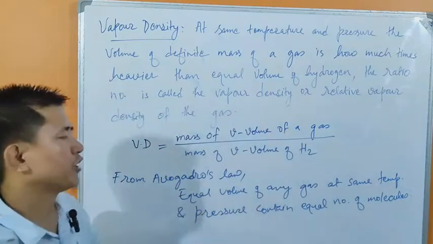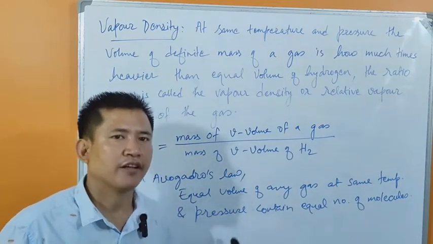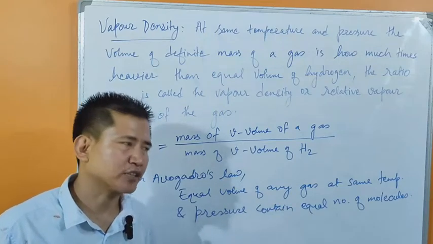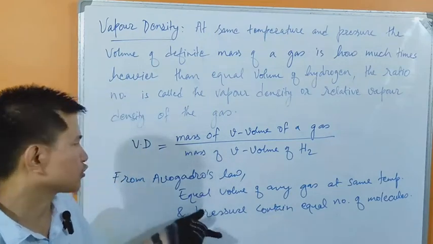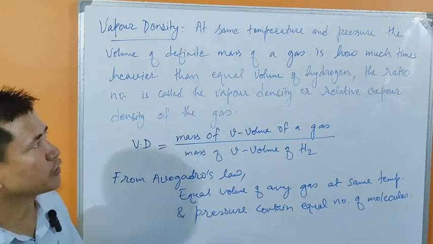If the volumes of gases are equal and temperature and pressures are equal, then the number of molecules of the gases will also be equal. This is what Avogadro's law tells us. We have already understood this.